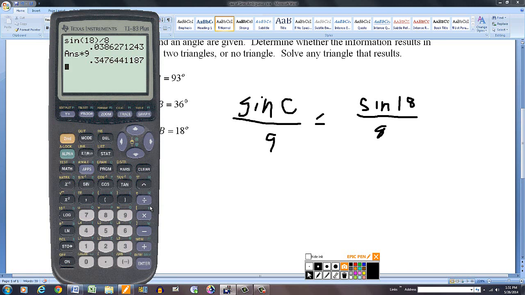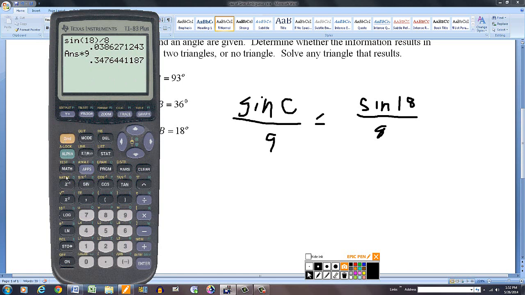Remember, in the case where you have no triangle possible, when you get to this particular point, this value right here will be larger than 1 or less than -1. So the only way you're going to have at least one solution is if this value, after you solve for the sine of the angle, is a number between -1 and 1. So in this case, I proceed to find the inverse sine of this.